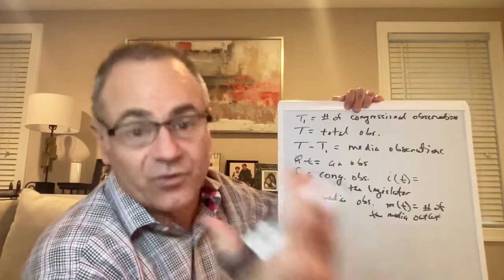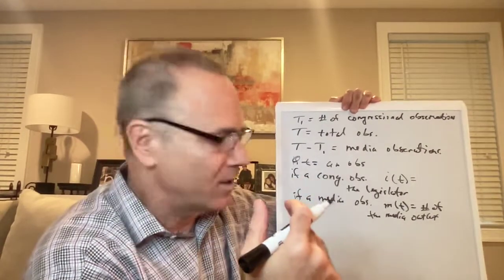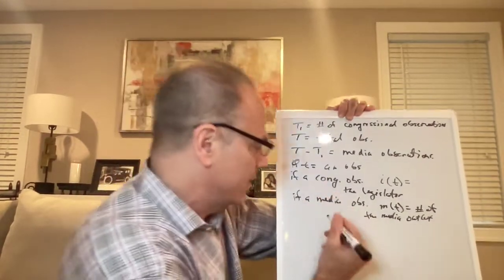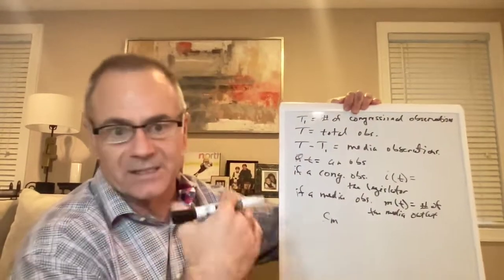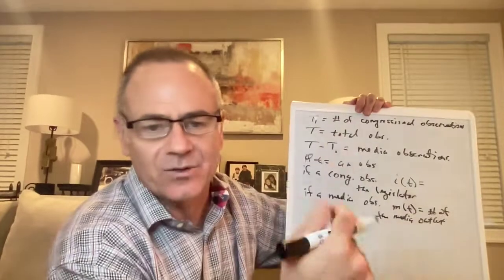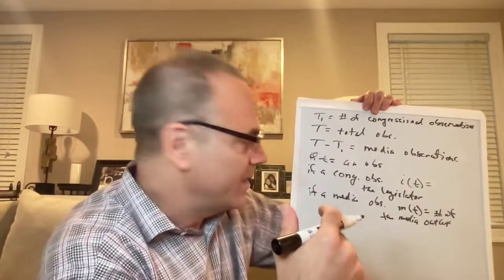There are 20 media outlets. We estimated C sub M for the slant, like the ADA score, for 20 different media outlets.